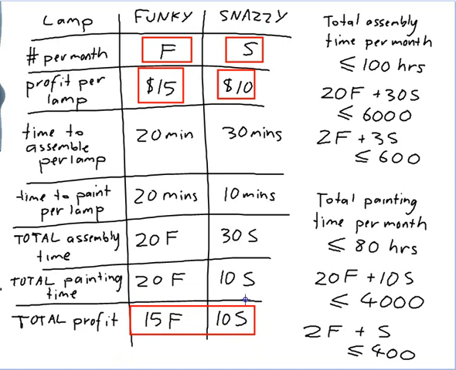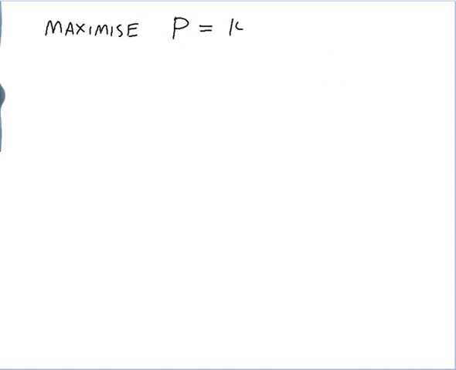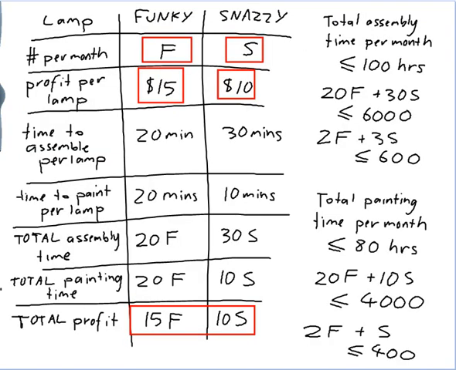So now I can write the whole thing as a linear program. I want to maximize that profit. Maximize the profit, so let's call it P, which was equal to 15F plus 10S, subject to, and now I put in my conditions.